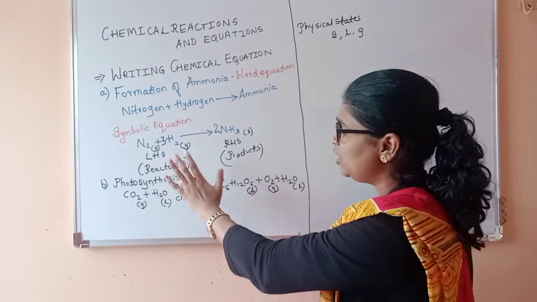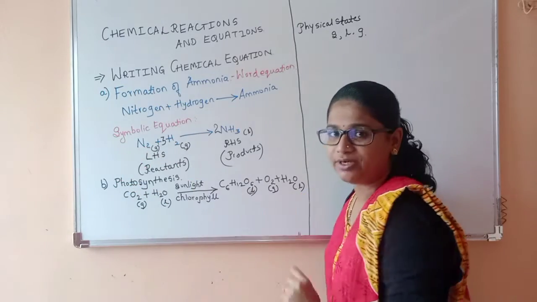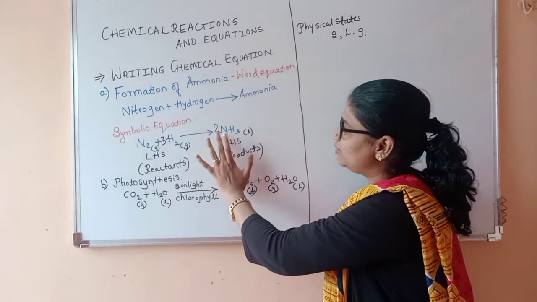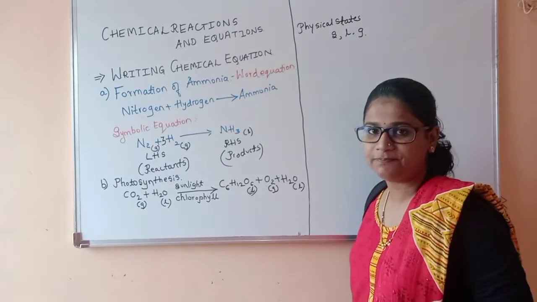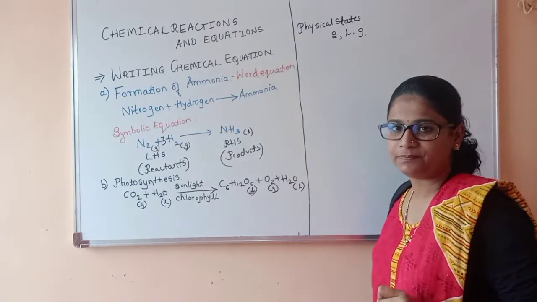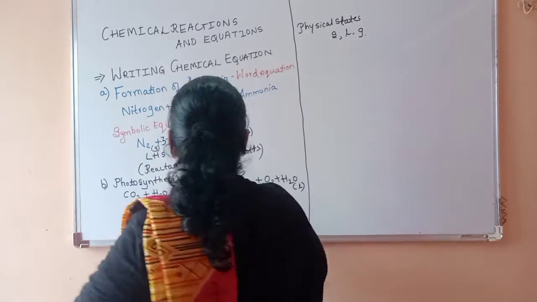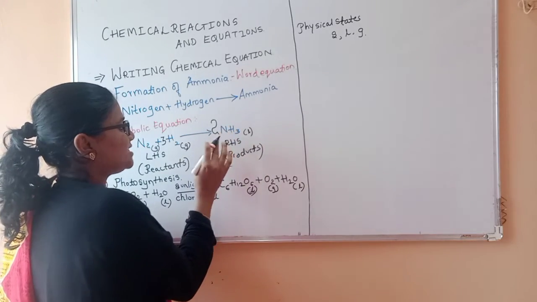Let me explain using this example now. See, nitrogen is 2 here. When the reaction happened, it was NH3. So here nitrogen is 2, here nitrogen is 1. To make it equal, I wrote 2 here as a coefficient.